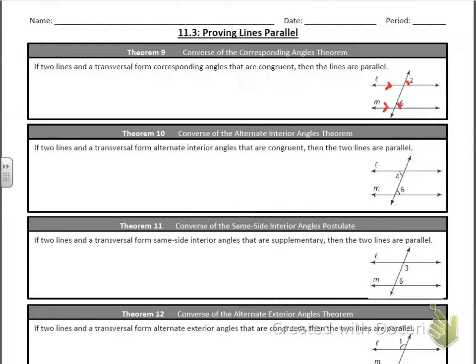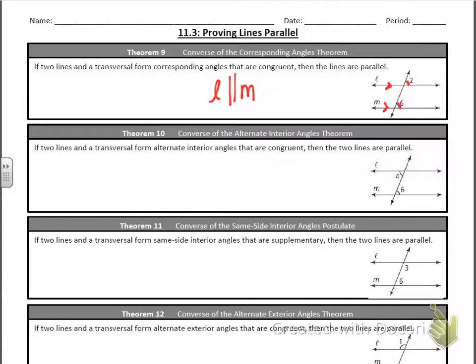So if I give you an image that looks like this, and I tell you that angle 2 and angle 6 are congruent, we can say that line L is parallel to line M. Does that make sense? So if it's not given that the lines are parallel, but it's given that the corresponding angles are congruent, you may assume that the lines are parallel.